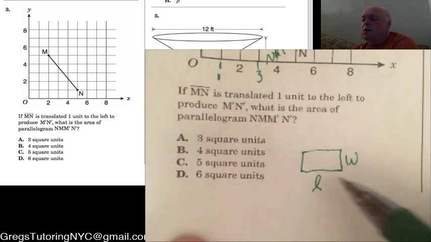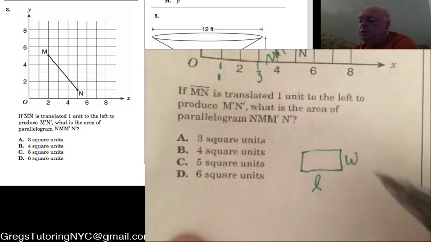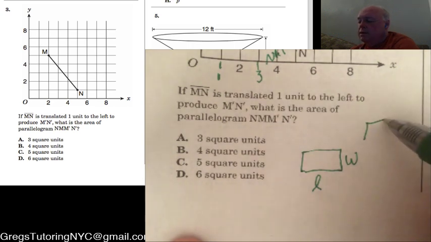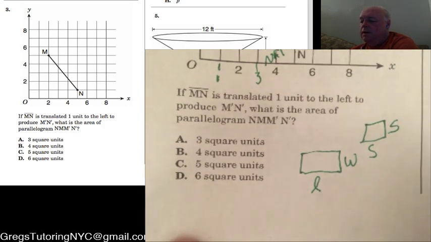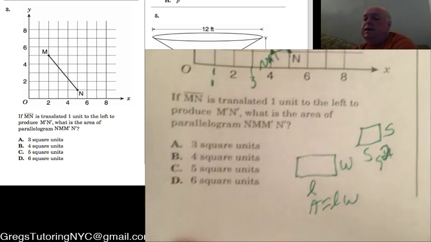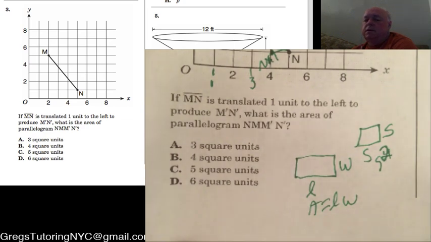So this is actually also a parallelogram. So is a square, where in this case the length and the width are the same. So in this case, the area will be length times width. In the square case, the area is side squared. And in both cases, we end up with square units. All right?